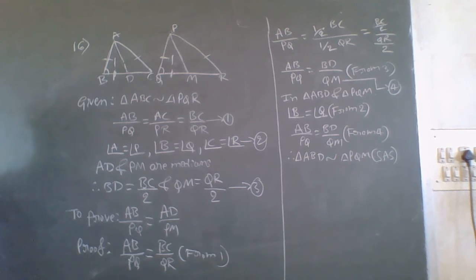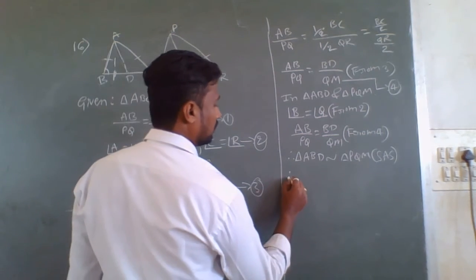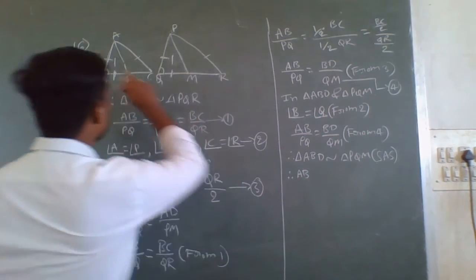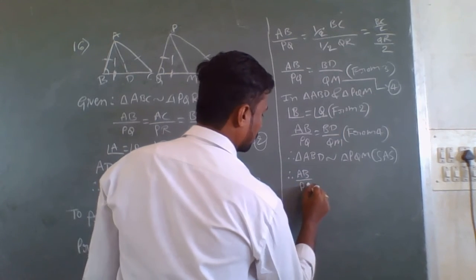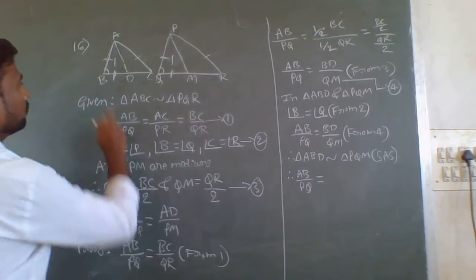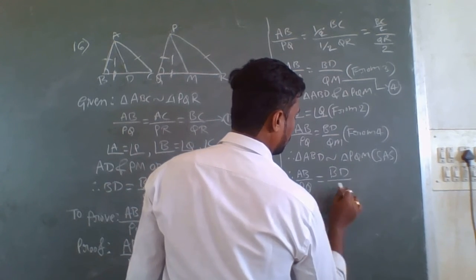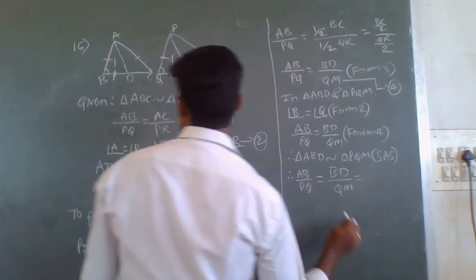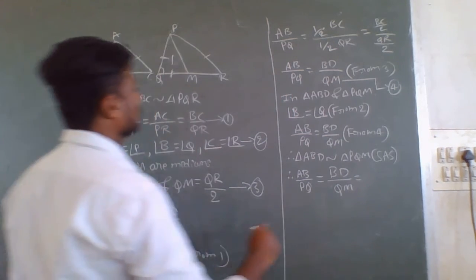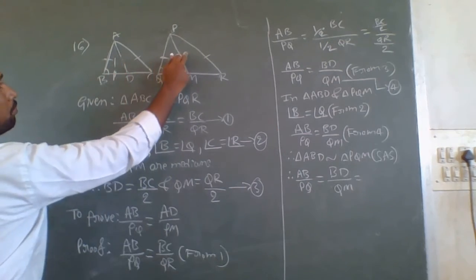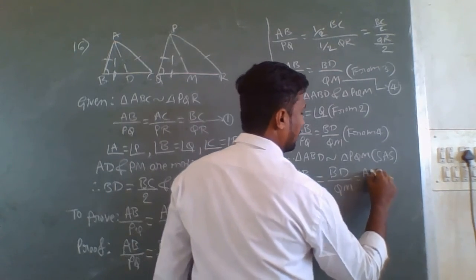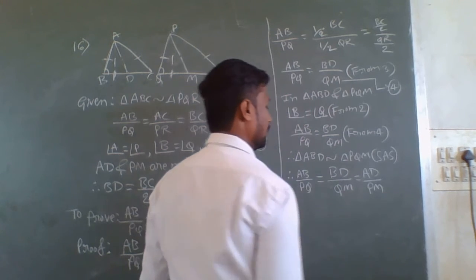And we know that when two triangles are similar, corresponding sides should be proportional. Therefore, here we can write AB by PQ equals BD by QM, and the remaining side is AD by PM. Sorry, AD by PM.